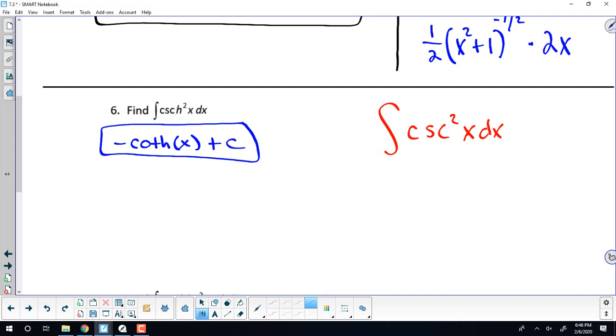I mean, I don't know, that's kind of why I put this one here. I guess maybe you didn't remember that one either. But the antiderivative of cosecant squared is negative cotangent.